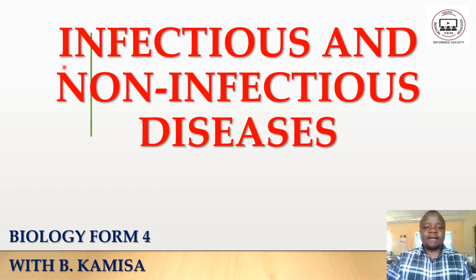So here we have two terms: infectious and non-infectious diseases. When we talk of infectious diseases, these are diseases that can spread from one person, the patient, to a person who is healthy.